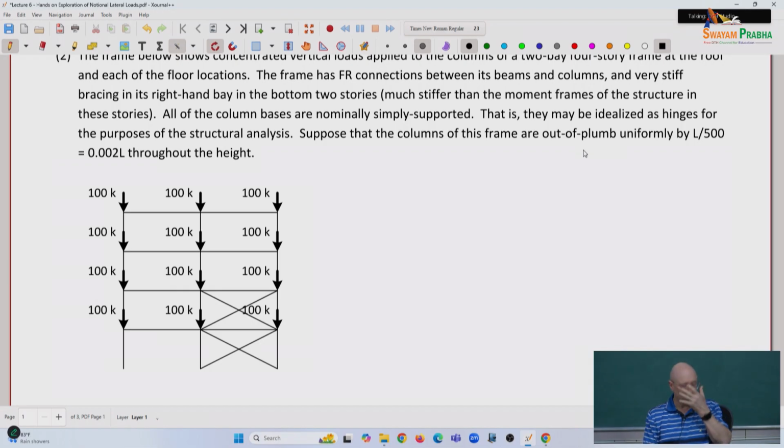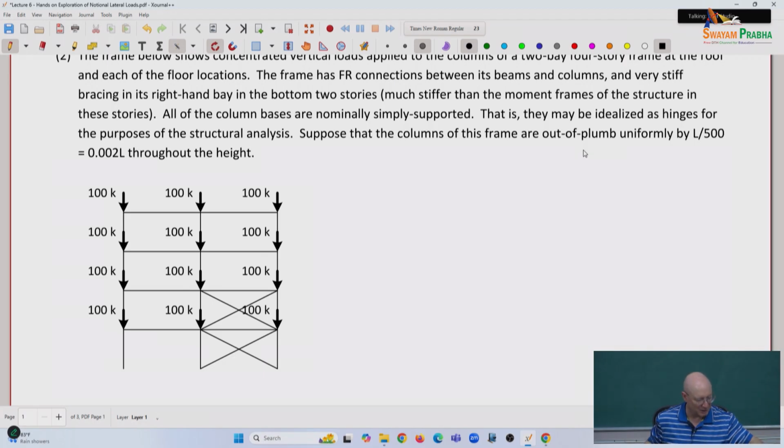Now we know that walls or lateral bracing are much stiffer than a moment frame. So let's go to the extreme just for illustration purposes. Let's suppose that bracing system is so stiff in those bottom 2 stories that any lateral load effects get taken entirely by that brace bay. Okay, so that's the frame.